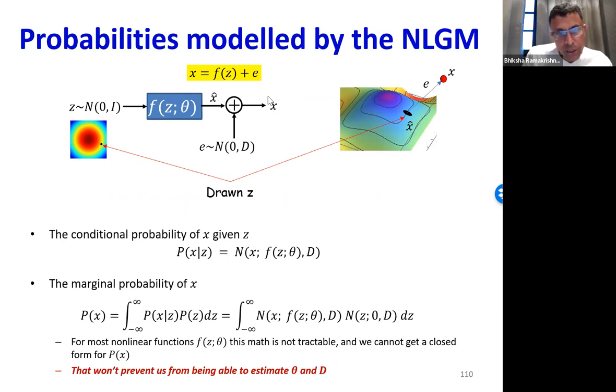And so now the distribution of X is simply going to be a Gaussian with variance D and the mean given by f of Z. Does that make sense? If I gave you Z for every X, then the probability of X given Z is simply going to be this guy, right?